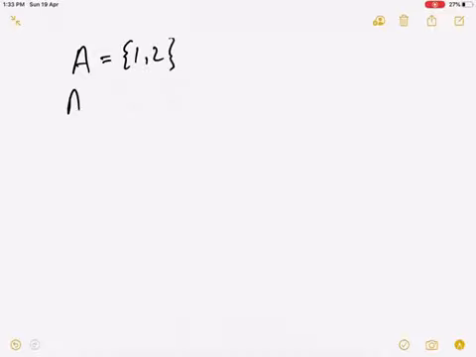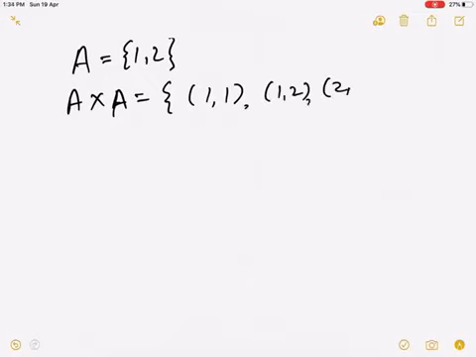Now let us try forming A cross A. We know that A cross A will contain all the ordered pairs such that the first element comes from A and the second element also comes from A. So we can form 1, 1, we can form 1, 2, then we can form 2, 1, and then we can also form 2, 2.